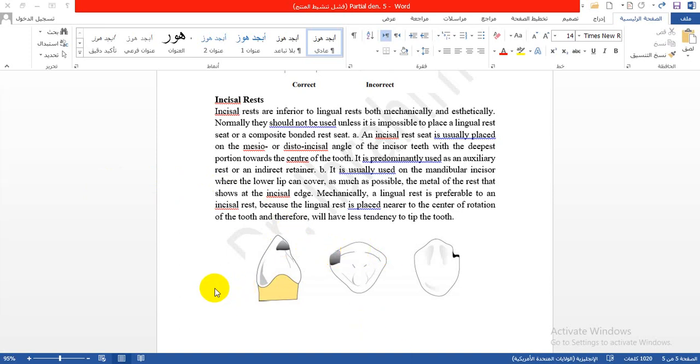Normally they should not be used unless it is impossible to place a lingual rest set or a composite bonded rest set. يعني ما استخدم اني هذا لين ليش على مود الاستاتيك، لان هذا راح يبين هنا بالانتيريور تيثرا راح تبين الريست. هذا الريست يكون دائما متل، فالا اذا كان عندي يعني ما اقدر اسوي الريست على السنجلم، يلا استخدم الانسايزر ريست. يعني يكون استخدامها طبعا قليل جدا.